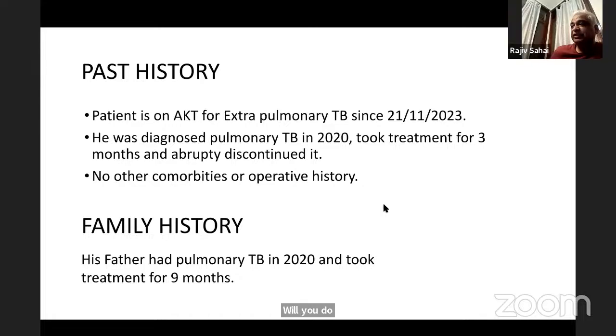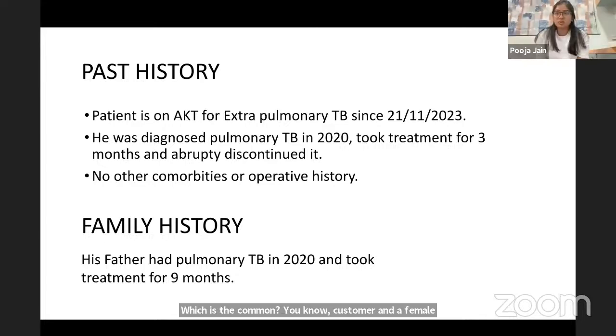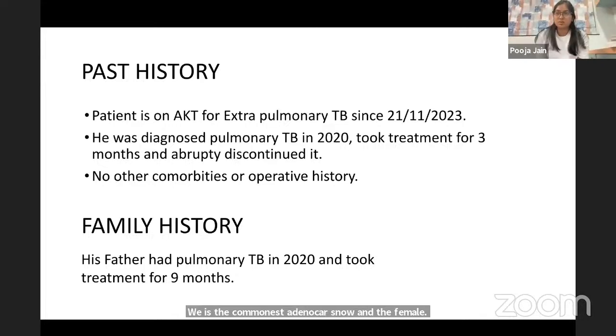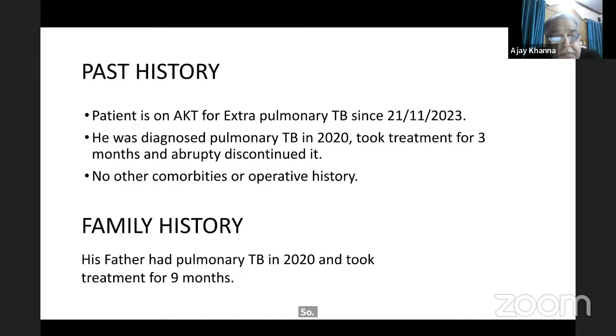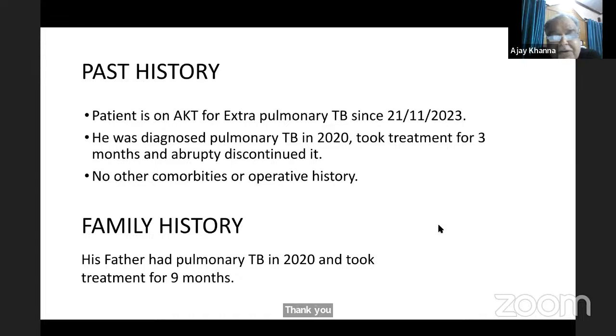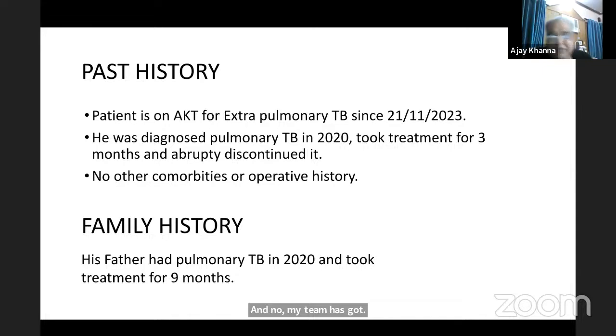Which is the commonest adenocarcinoma in a female? Endometrial, sir. Every day you see those cases.